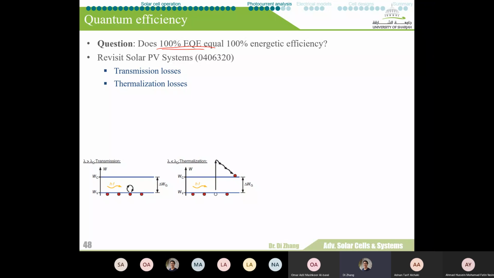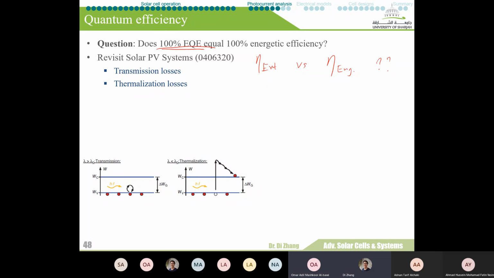Essentially we're asking what is the relation between external quantum efficiency and the typical energetic efficiency we talked about before in other courses as well. What is the relation between the two?